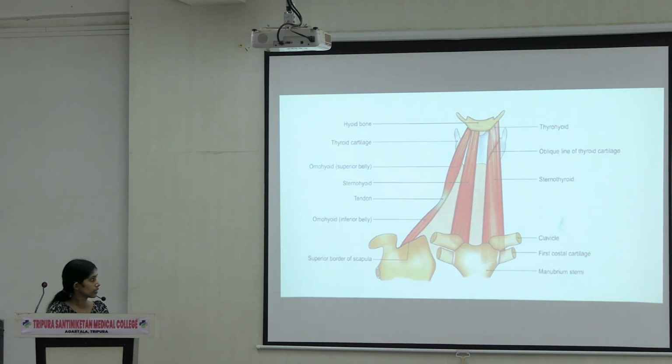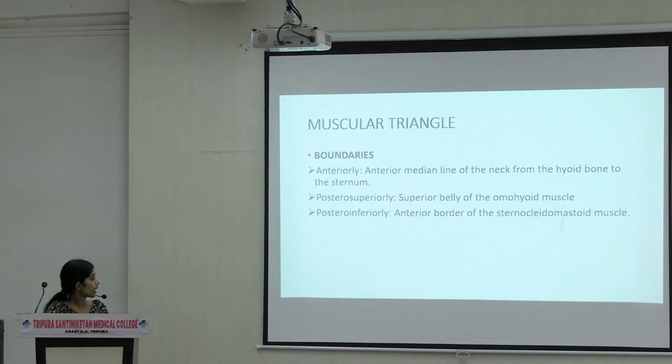So you can see here the picture of the muscular triangle. Can you identify the boundaries here? The boundaries of the muscular triangle are formed by which muscles? Sternocleidomastoid muscles and omohyoid muscles. Can you identify them? Anteriorly, it is bounded by the anterior median line from the hyoid bone to the sternum.